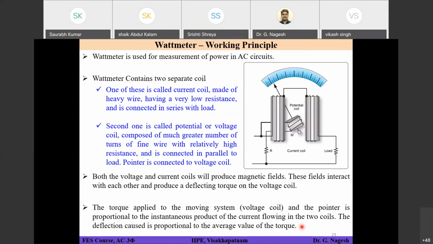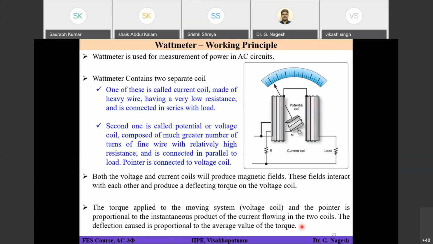It will be calibrated in such a way that the deflection will be proportional to the wattmeter reading, which is displayed on your screen. Is it clear? So this is the basic construction.